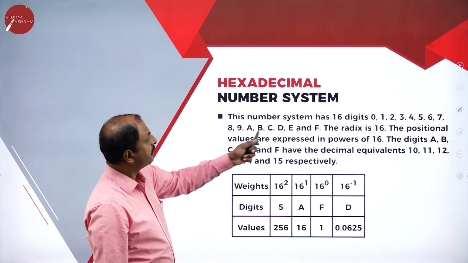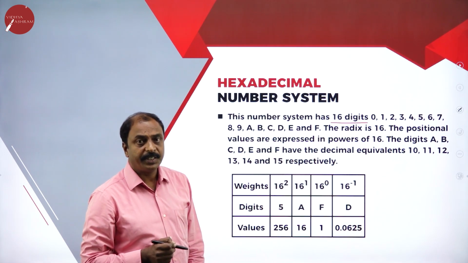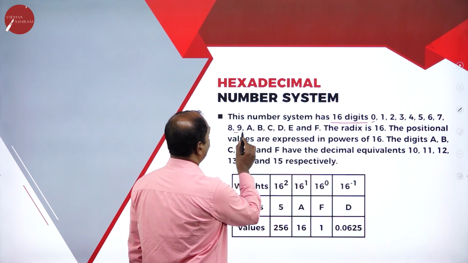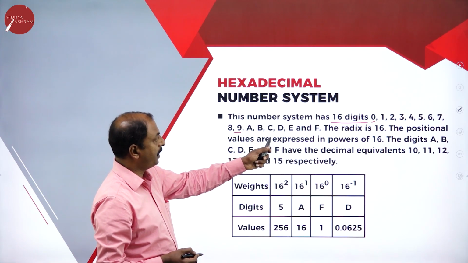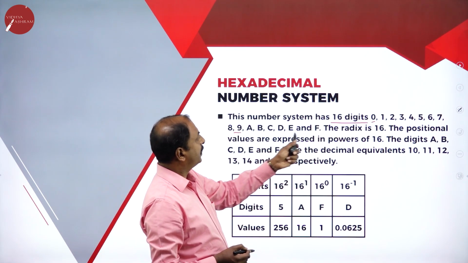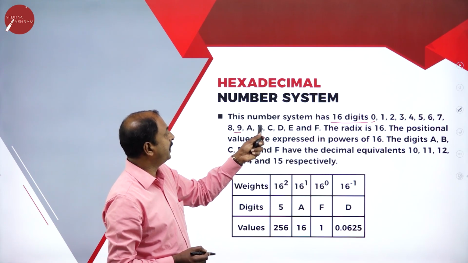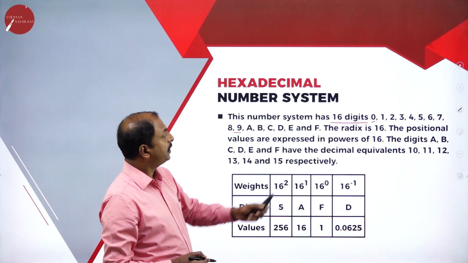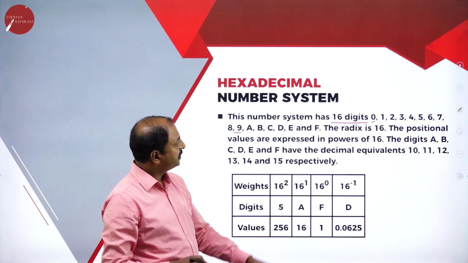This number system has 16 digits, starting from 0 up to 9, and after 9 we represent A, B, C, D, E and F. So from 0 up to F there are 16 digits. Even A has a value, similarly B, C, D, E and F. So the base or radix is 16.